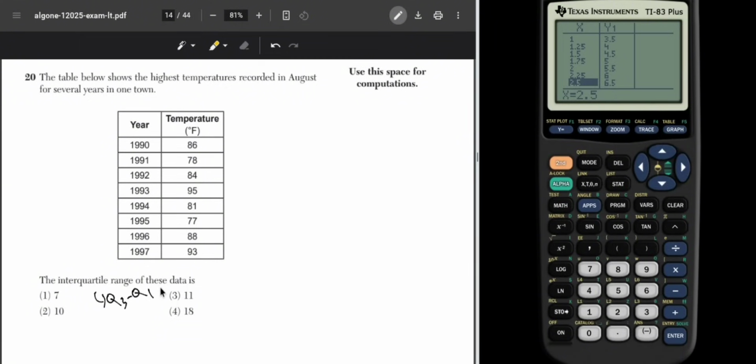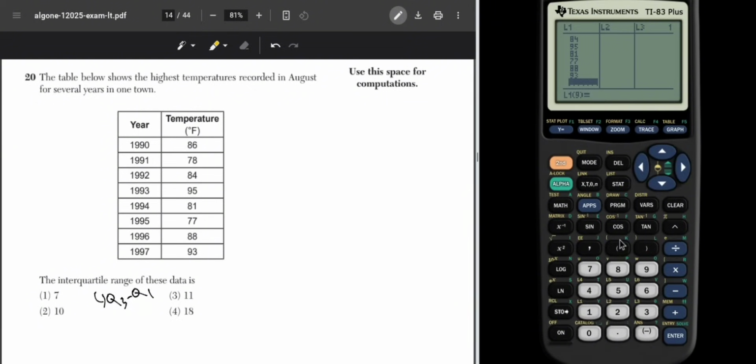So in my calculator, I'm going to go to Stat, Edit, and I'm going to put in all my temperatures in list 1. So I'm going to put 86, 78, 84, 95, 81, 77, 88, and 93.